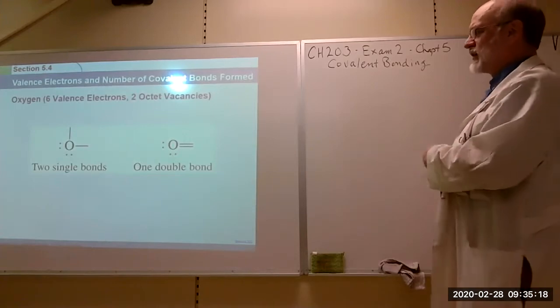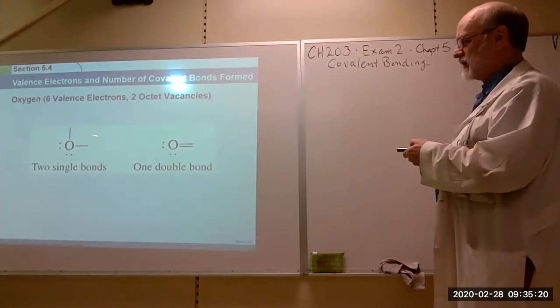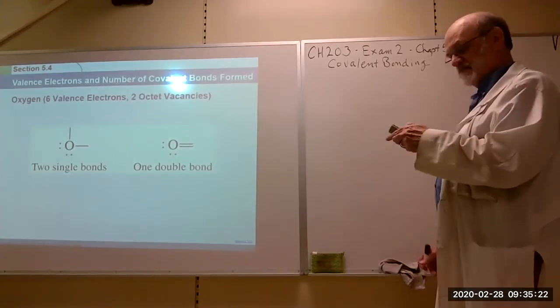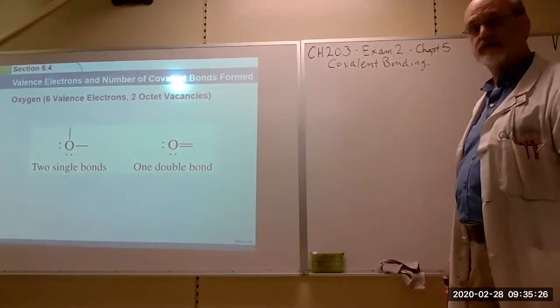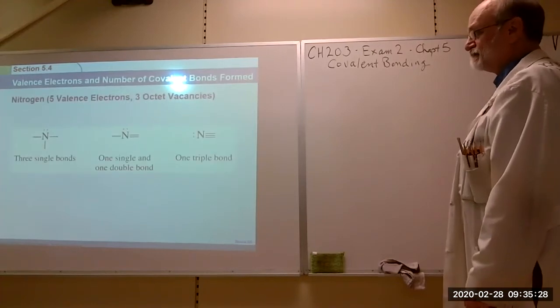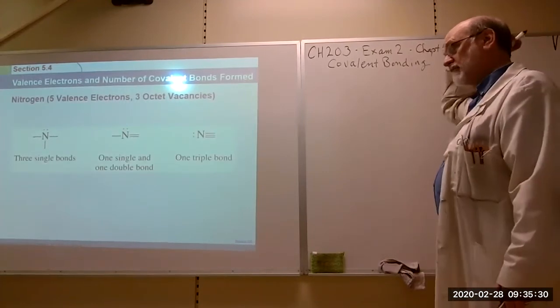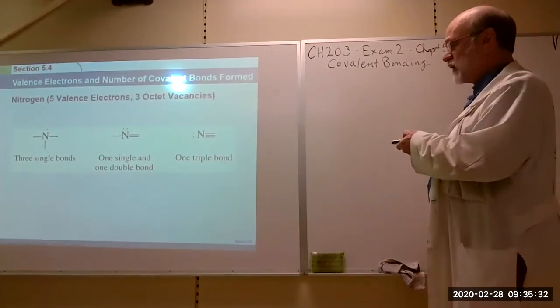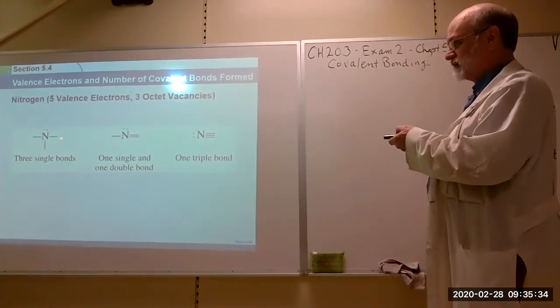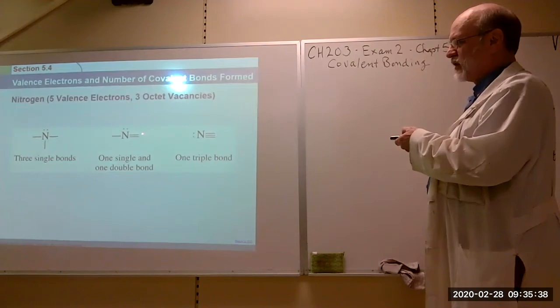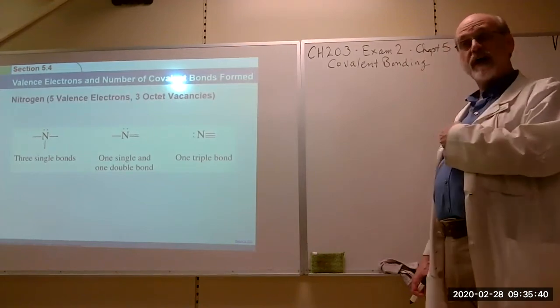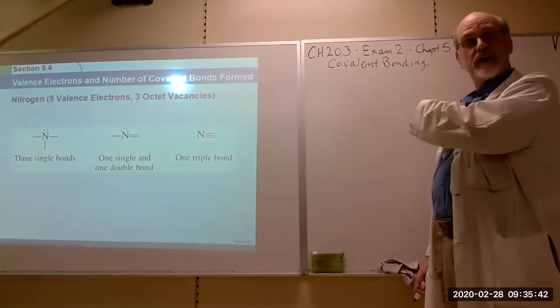So this is what 2 single bonds would look like for oxygen, or 1 double bond. Satisfies conditions. Either way, you still have an octet for oxygen. Nitrogen, we can form it this way. With our ammonia, put hydrogens here. Or this one, you could put an oxygen there. That would satisfy oxygen with one side of nitrogen.